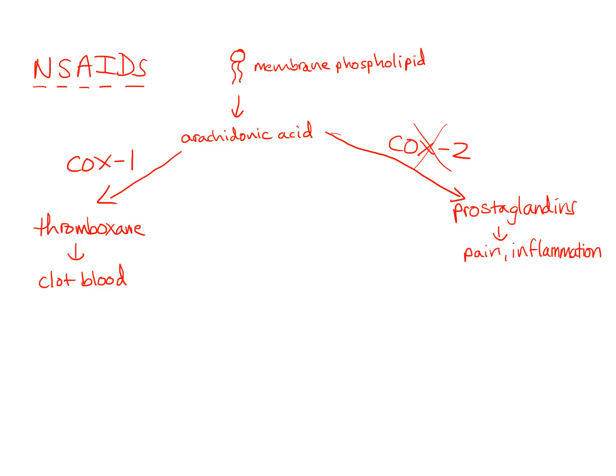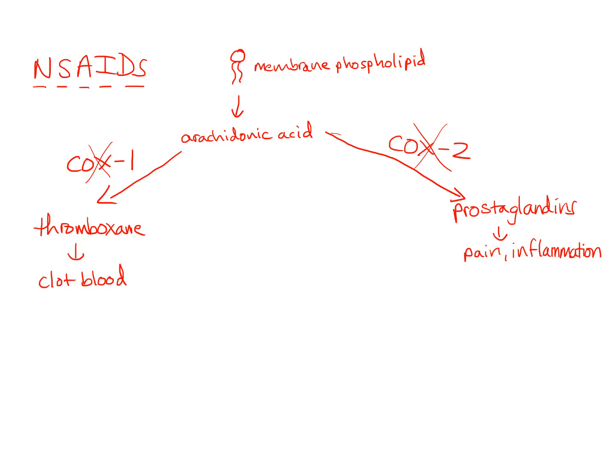So if you're taking an NSAID, one of the side effects we could see is that it could cause bleeding, which could be a problem if you're going in for surgery. Because the NSAIDs will block the COX-1 enzyme, you don't produce enough thromboxane and then you don't clot your blood as well. So you could have excessive bleeding during surgery, which could be a problem.